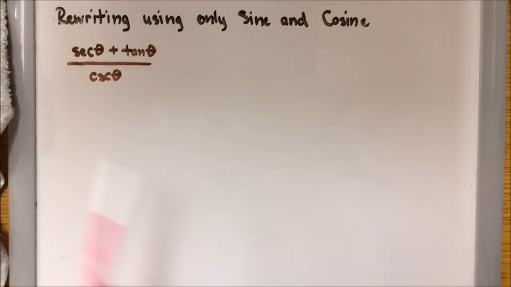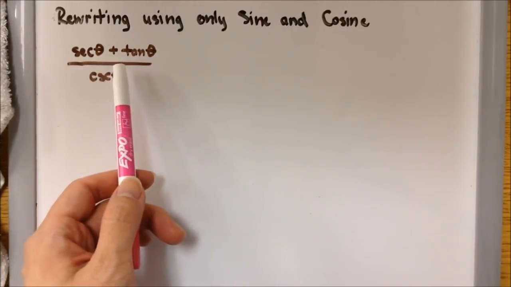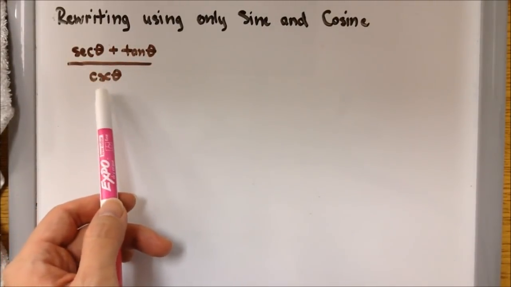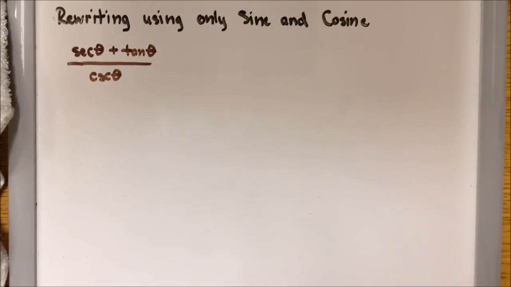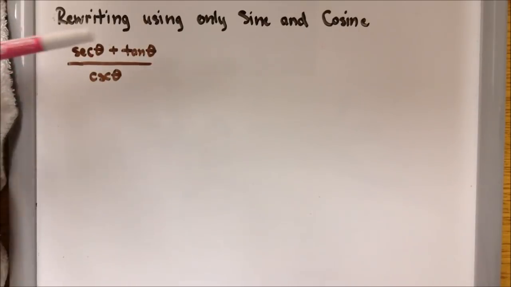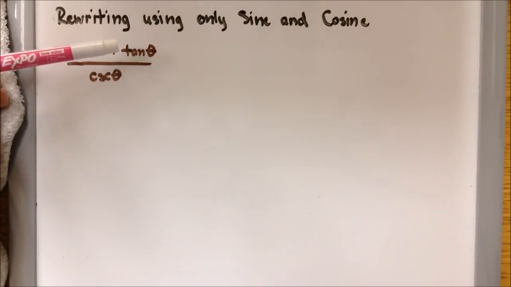Alright, in this example, we have secant theta plus tangent theta over cosecant theta. So, in order to convert into sine and cosine, I'm going to use the reciprocal for secant and cosecant, and I'm going to use the quotient identity for tangent.